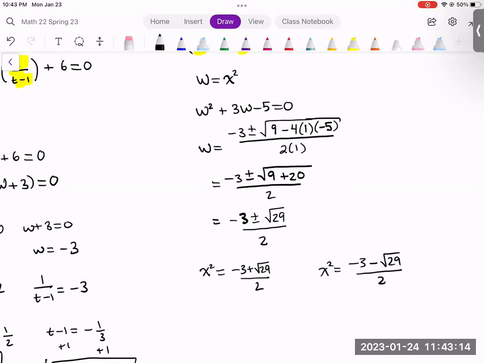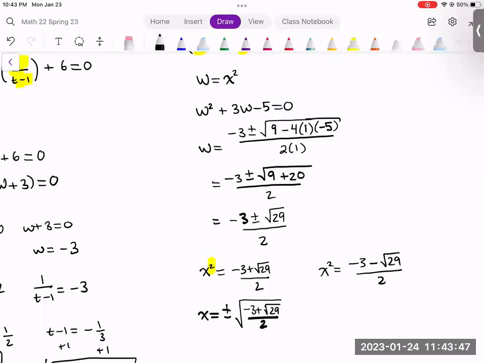So square root of 29 minus 3 is positive. We have two solutions here. x is plus or minus the square root of our expression. So we undo this square by taking the square root of both sides. Okay, so we're using that square root property. We see these two different solutions. They're messy, but we've got them.